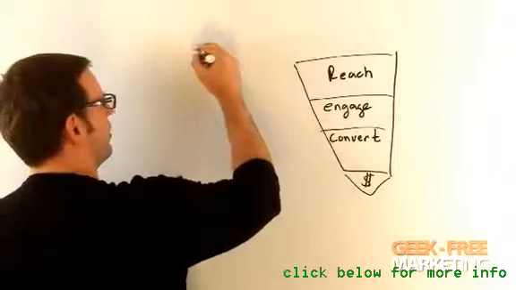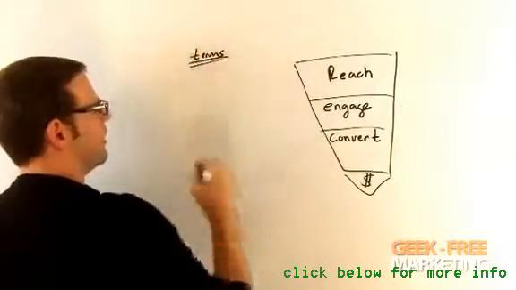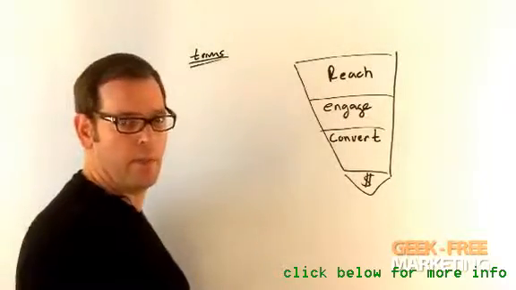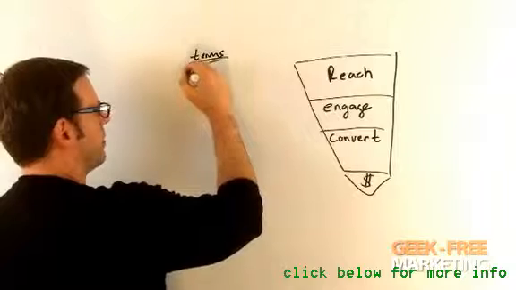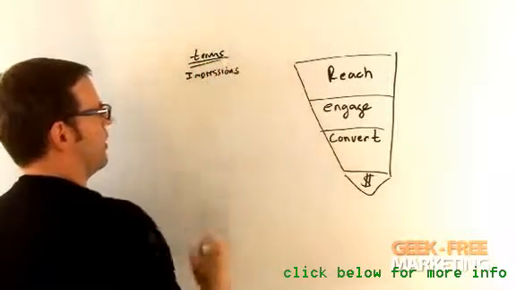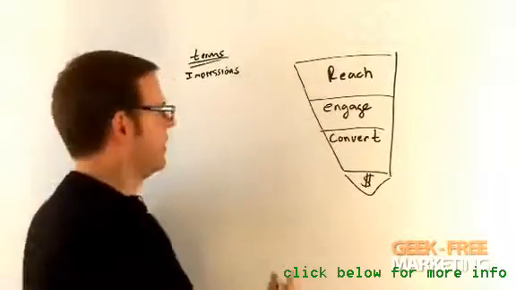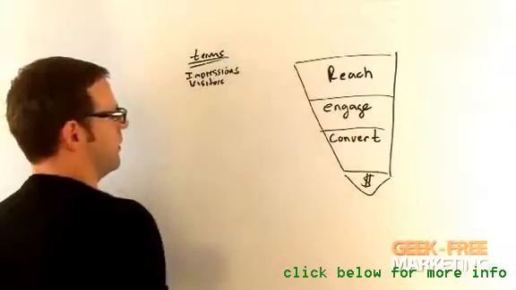Now some of the terms associated with these levels. When we describe your online reach, you might hear terms like impressions that you're getting. Another term to describe your online reach that you're very familiar with is visitors and visits.